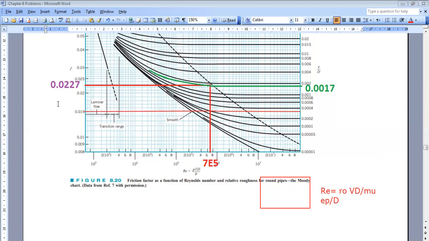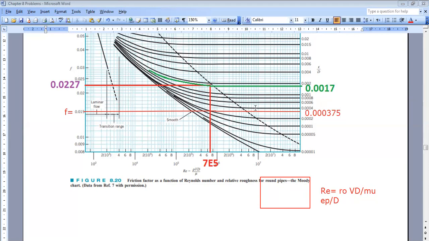So the best guess to start with here is f equal to 0.015, since it corresponds to the flat part of epsilon over d in the problem. Here epsilon over d is 0.000375, which is very close to 0.0004.